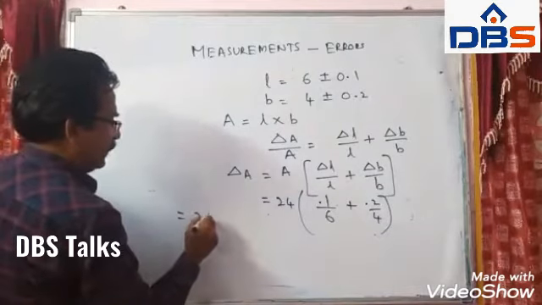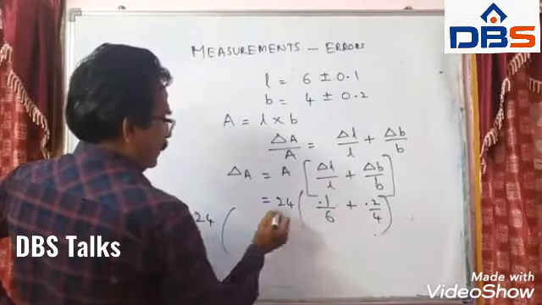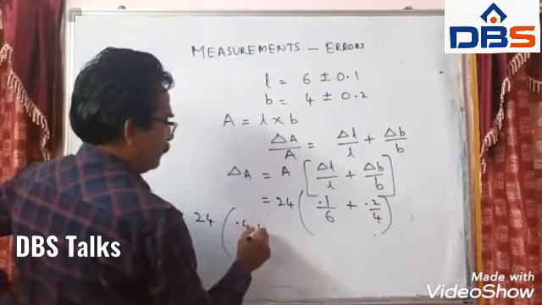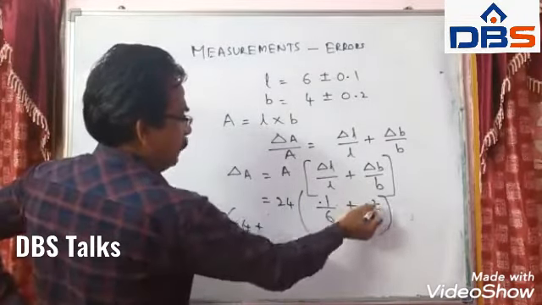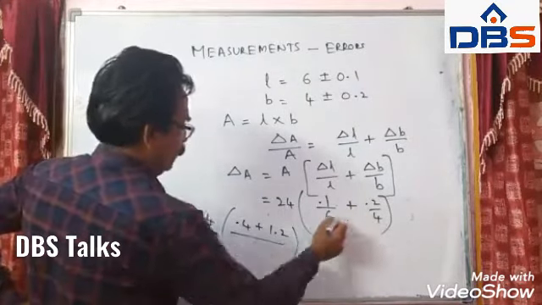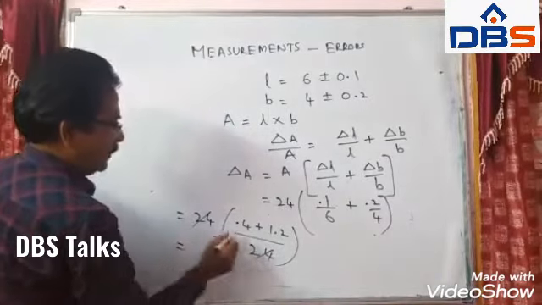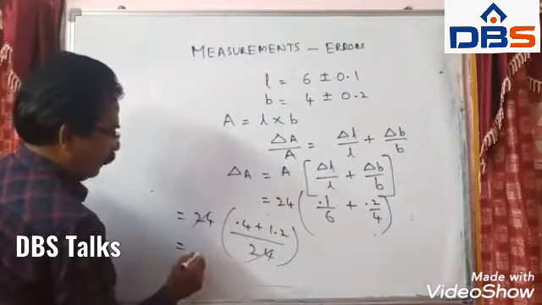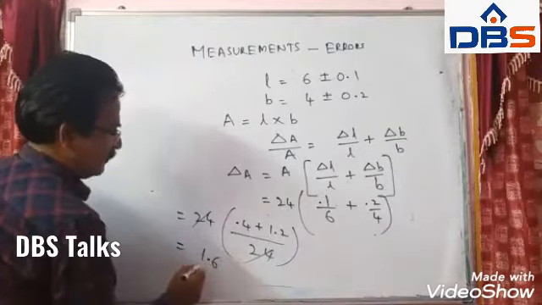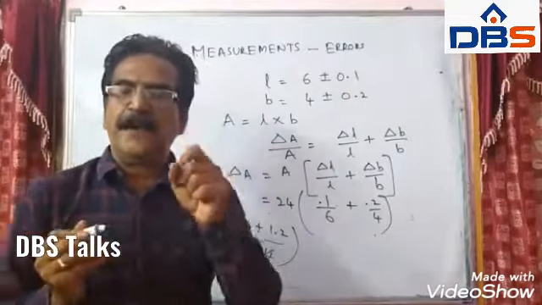That is equal to 24 into (4 into 0.1, 0.4, plus 6 into 0.2, 1.2) by 6 into 4, 24. 24 gets cancelled. 1.2 plus 0.4, 1.6. So delta A is 1.6.